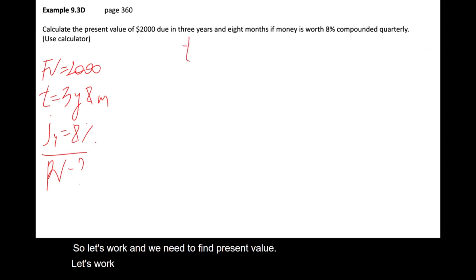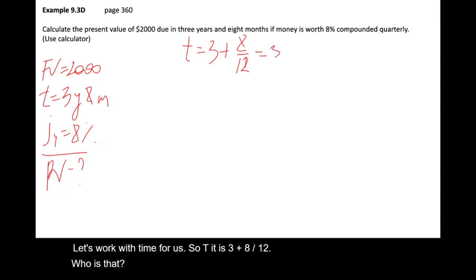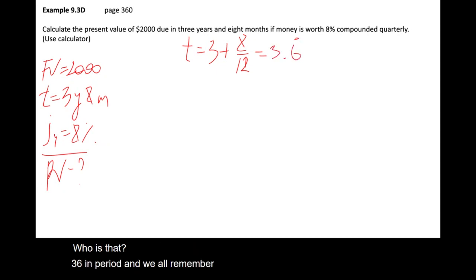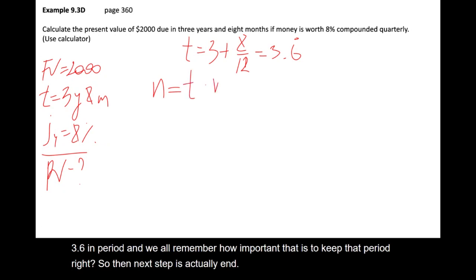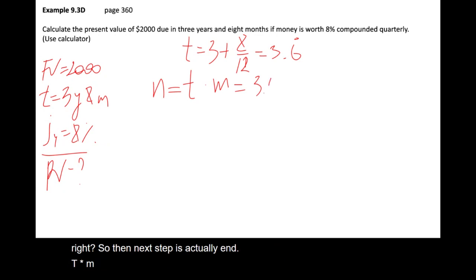Let's work with time first. So T is 3 plus 8 over 12. What is that? 3.6 in period. And we all remember how important it is to keep that period, right? So the next step is actually N, T times M, so 3.6 in period times 12.